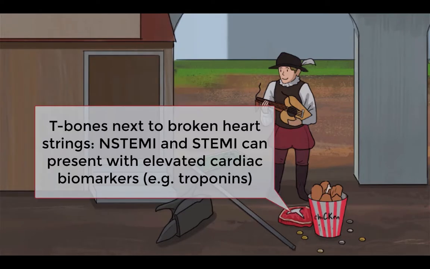So we've placed that fallen ST street sign next to this heartbroken NSTEMI minstrel. This time, however, ischemia results in infarction and myocardial cell death, which is measured as an elevation in cardiac biomarkers in the serum. Troponins, as usual, are represented by that troponin T-bone steak sitting beside their tip bucket.